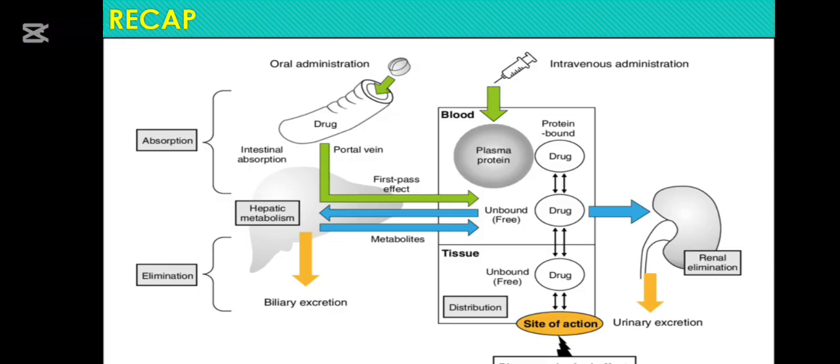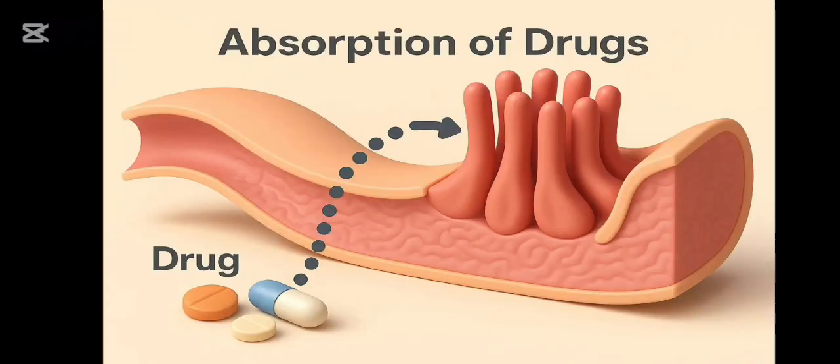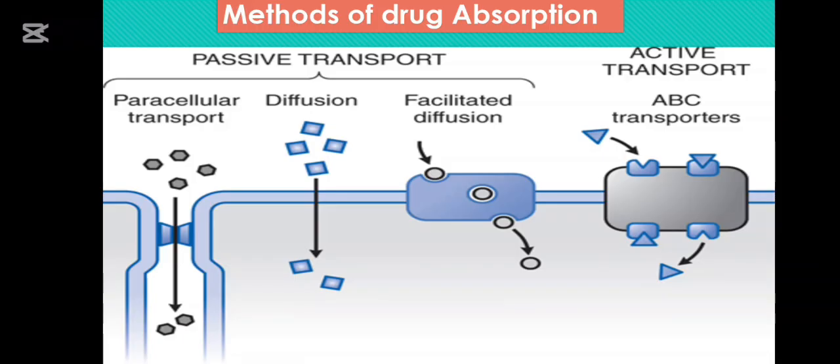And we discussed these processes like the absorption, the distribution, the metabolism, as well as the elimination of a drug. So we went ahead and talked about the absorption of a drug, explained a lot of things, methods by which a drug can be absorbed.